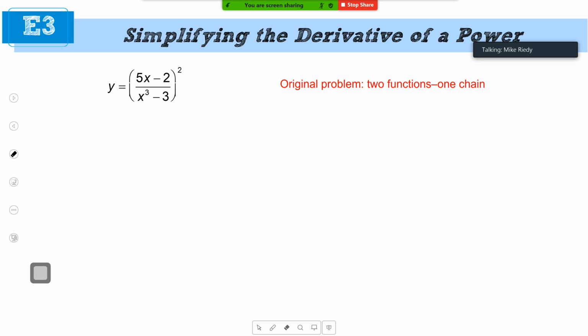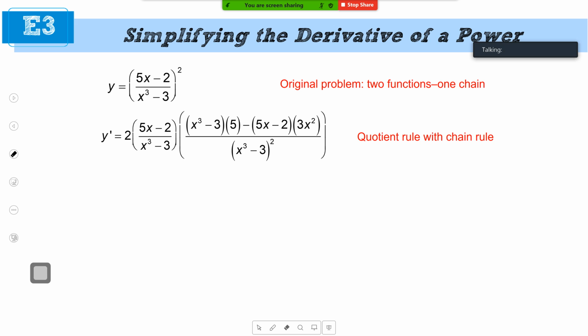I'm going to leave it like this. Two functions. The outside function is a squared term, so I'm going to do the squared term first. That's what this part of my answer is. Bring the exponent down, reduce it by 1. This mess is the chain.